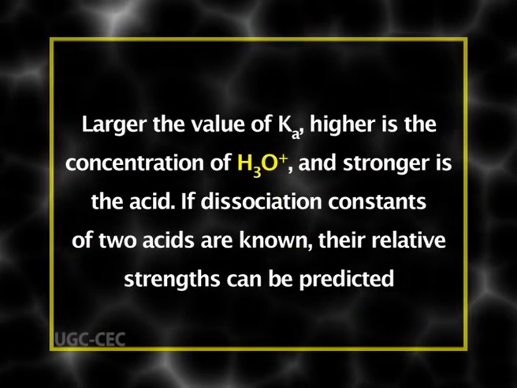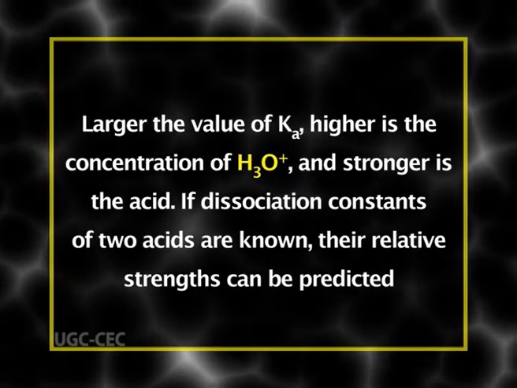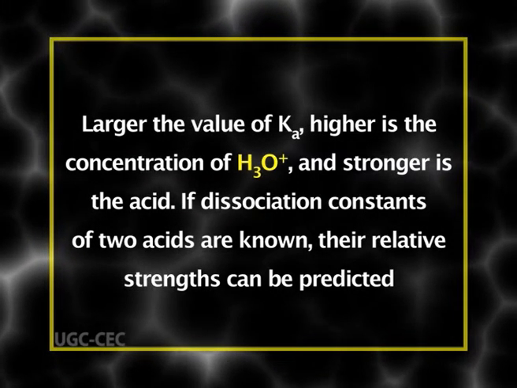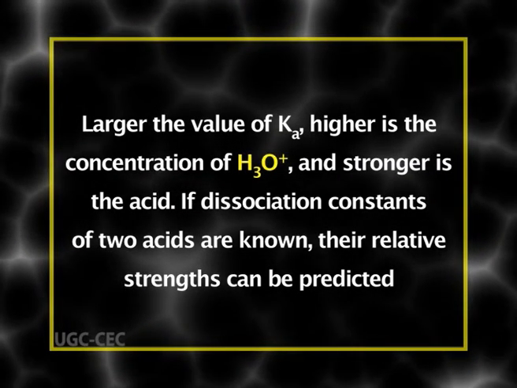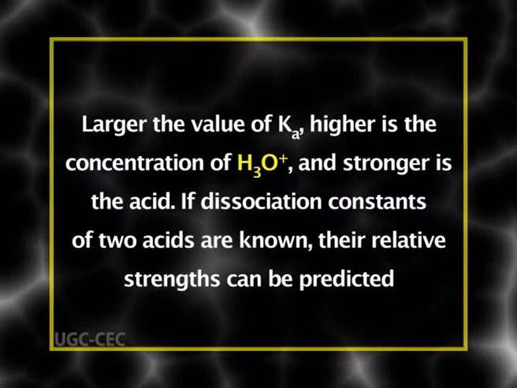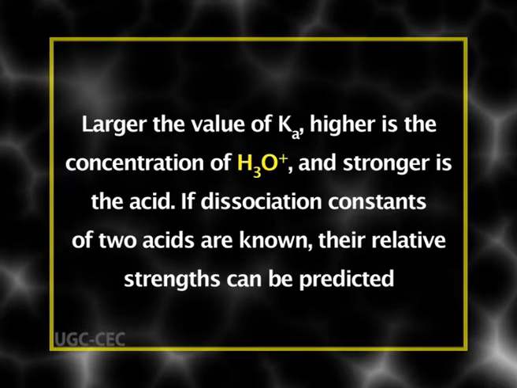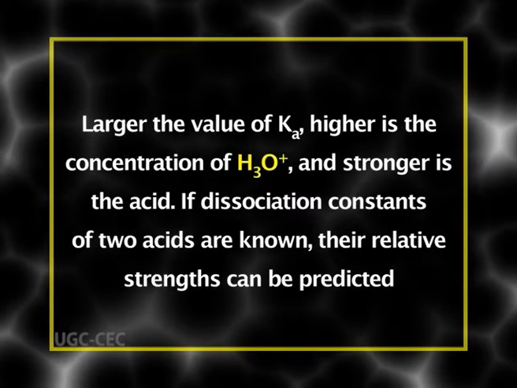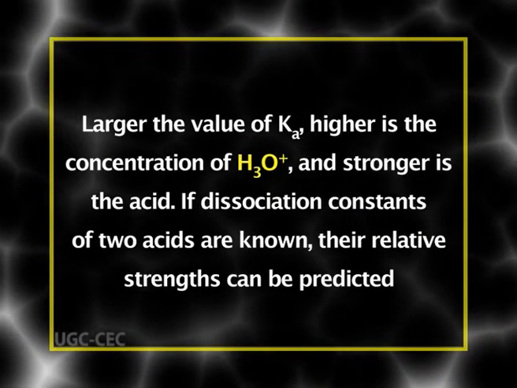If dissociation constants of two acids are known, their relative strengths can be predicted. For example, the larger the value of Ka, the acid dissociation constant, the higher is the concentration of H3O positive, that is hydronium ion, and the stronger is the acid. If dissociation constants of two acids are known, their relative strengths can be predicted.